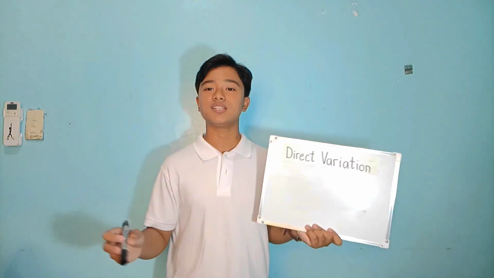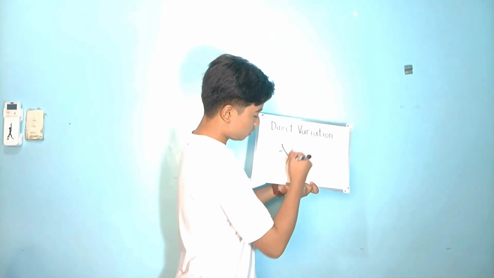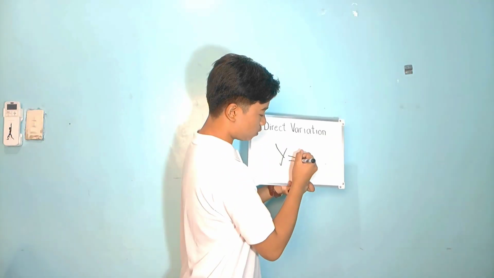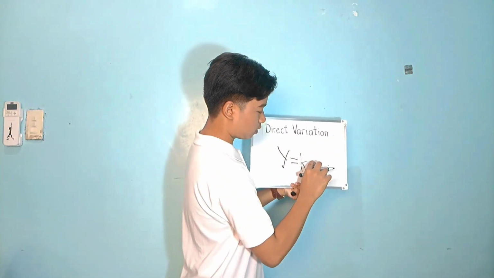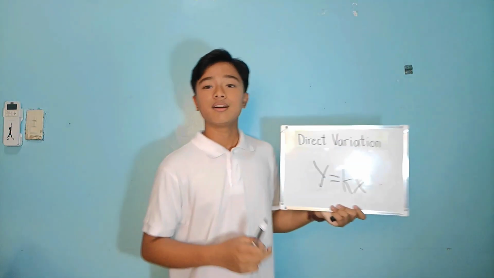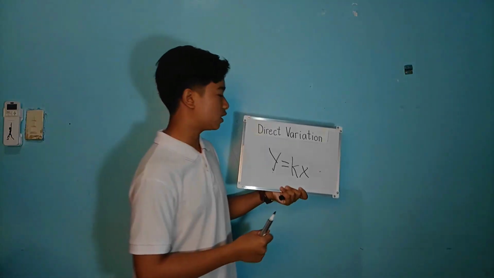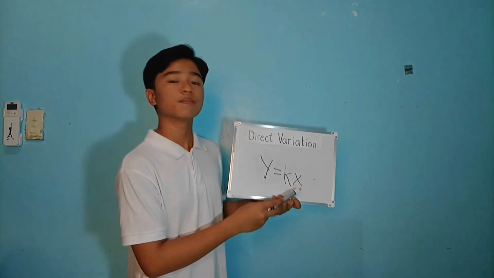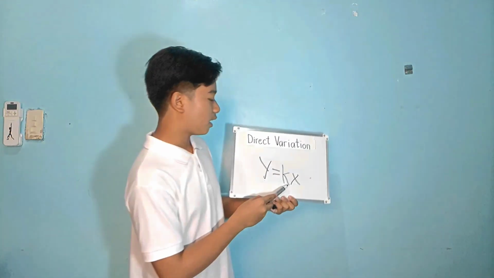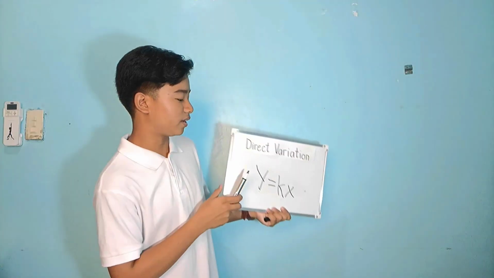Direct variation has a general equation or formula, and this is y equals kx. The general formula of direct variation is y equals kx, where k is the constant of variation.